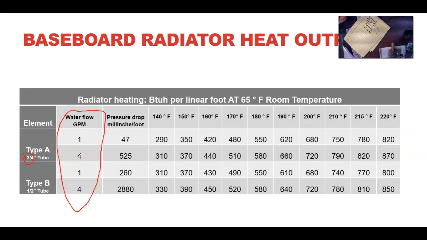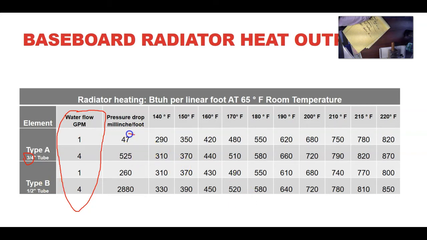So the faster, the more you will get out of that, and we would like to keep that GPM between those two. If you go a little bit faster, probably you are losing energy and you're not giving off a lot of heat. If you go slower than 1 gallon per minute, it's not very productive. So you want to have the optimum speed or velocity of water.